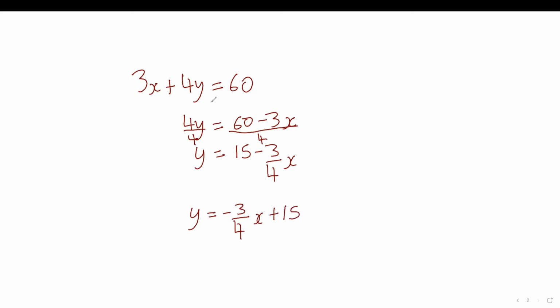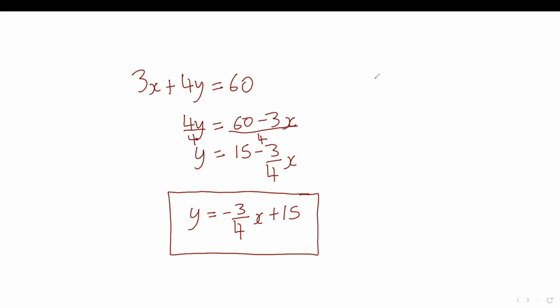All right? So this is it right here. Y is negative 3X over 4 plus 15. So this is pretty much the line that we need to draw. Y equal to negative 3 over 4X plus 15. That is the line that we need to draw.